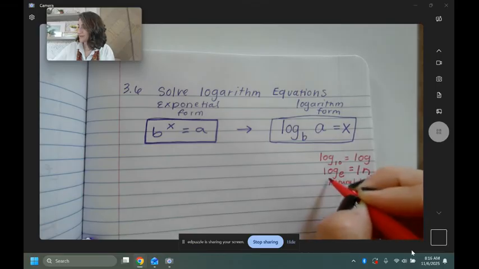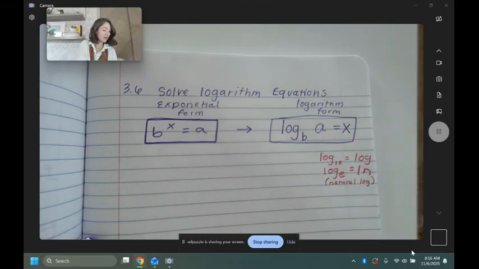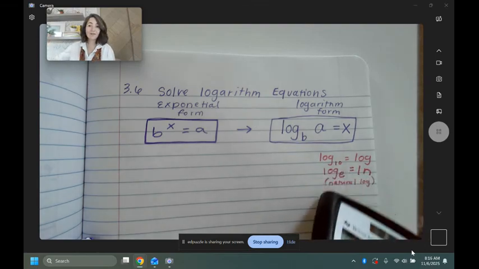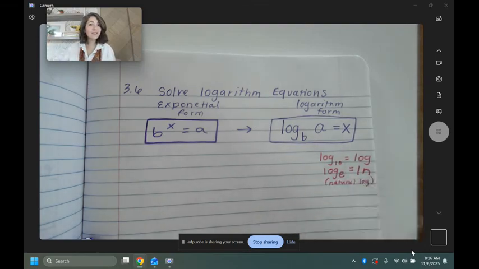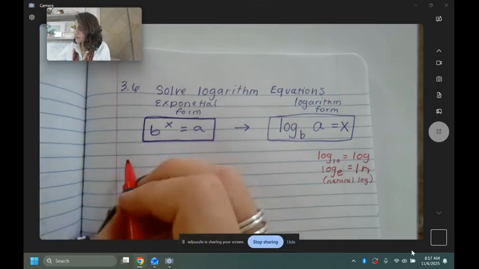It has its own button. Very exciting. And on the calculator, if you ever click the log button, that's log base 10. And if you ever click the ln button, that's log base e. Those are still just logarithms.